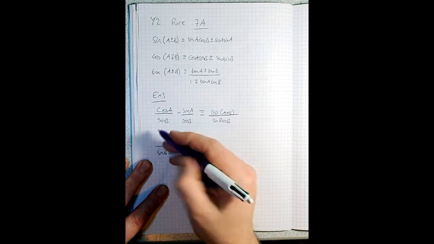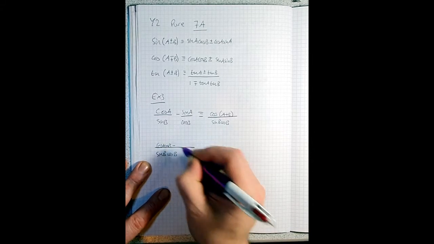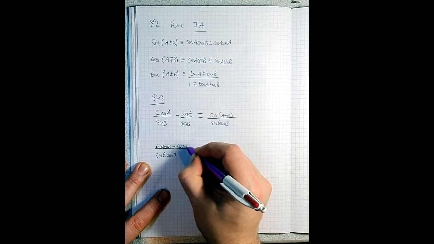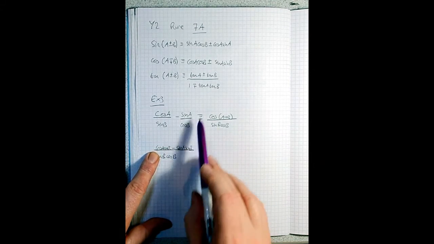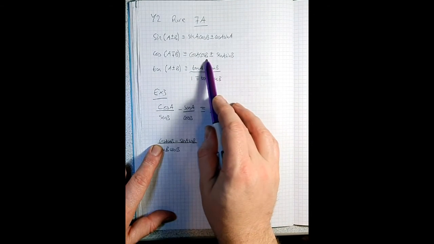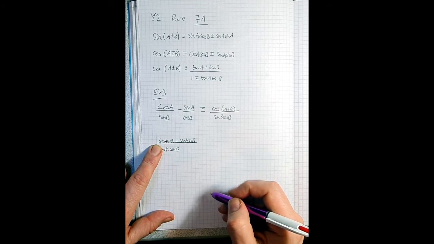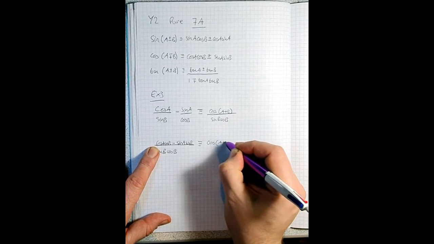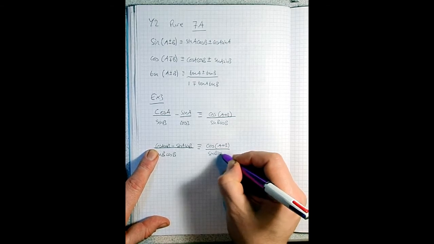Multiply top and bottom by cos B, so I'll get cos A cos B minus, multiply top and bottom by sine B, so I'll get sine A sine B. Given the formula in the formula booklet, cos A cos B minus sine A sine B is equal to cos of A plus B. So that is a fairly straightforward algebraic manipulation.